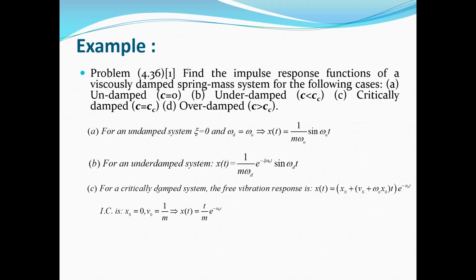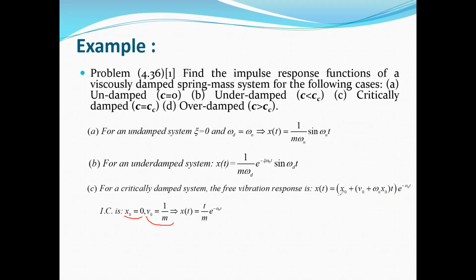The next step, we need to use the initial conditions. You know, when the system is subjected to an impulse with magnitude 1, or unit, the initial displacement is 0 and the initial velocity is 1 divided by m. Yesterday we extracted these results.